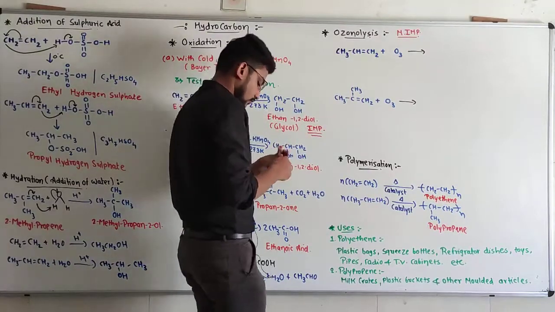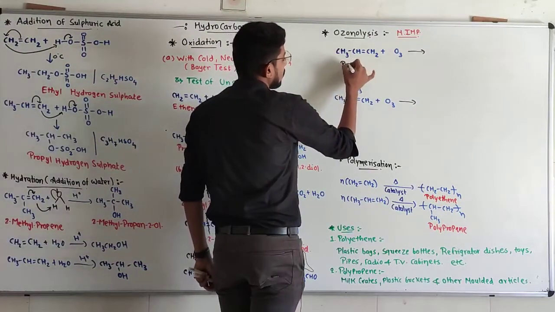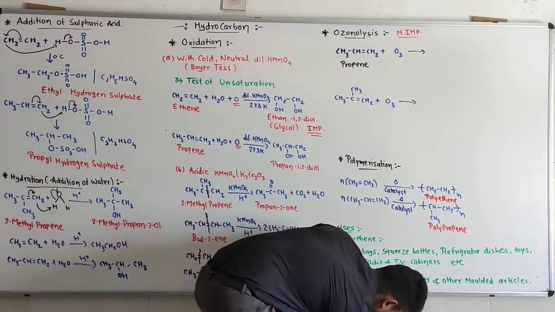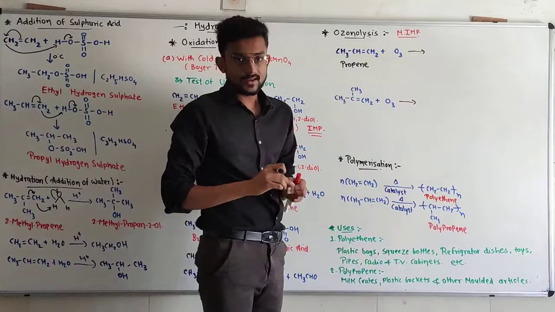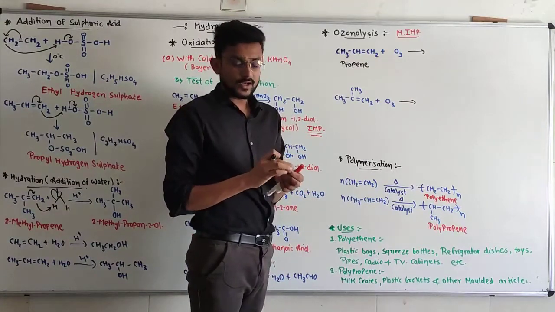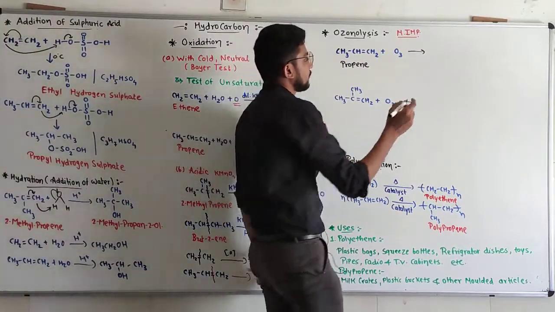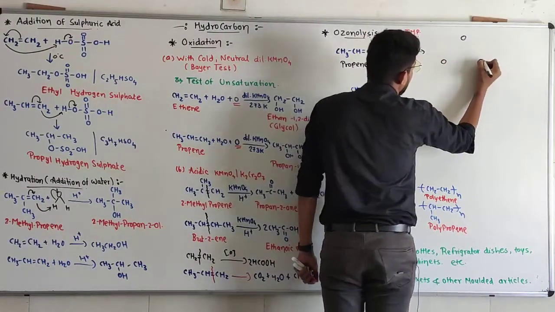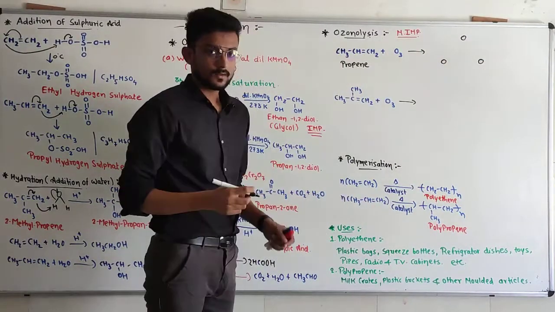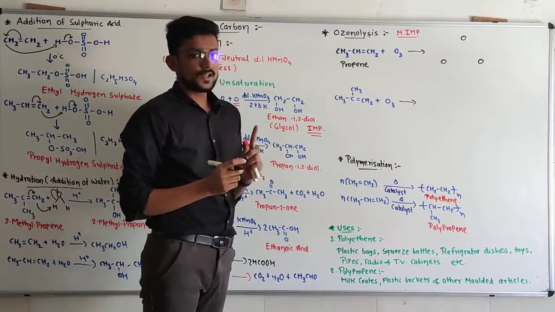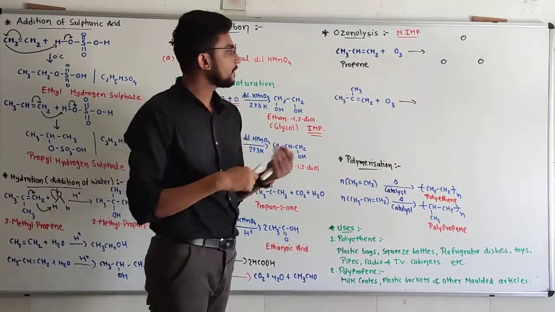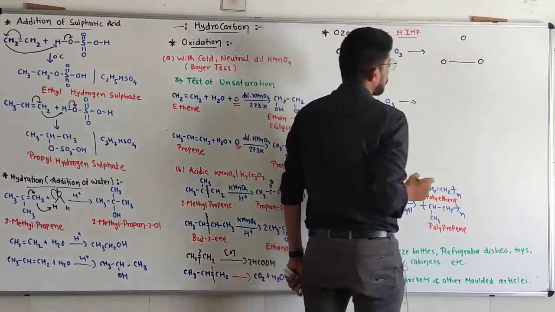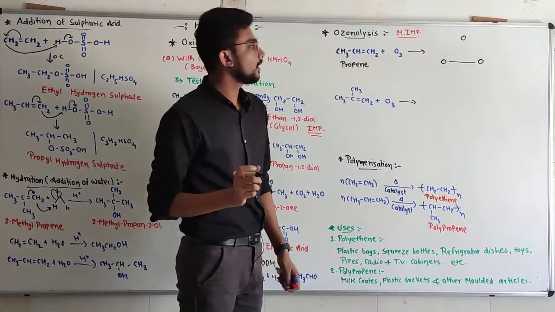Okay, so propene reacts with the ozone. It is simple. First of all, write down the oxygens in a triangle form. On the base oxygen we get a single bond.